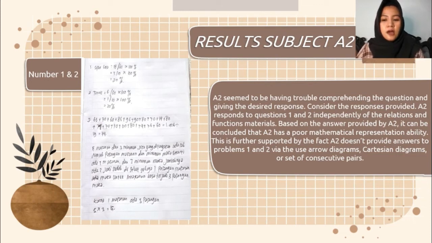Based on the answer provided by A2, it can be concluded that A2 has a poor mathematical representation ability. This is further supported by the fact that A2 doesn't provide answers to problems 1 and 2 via the use of a row diagram, Cartesian diagram, or set of consecutive pairs.